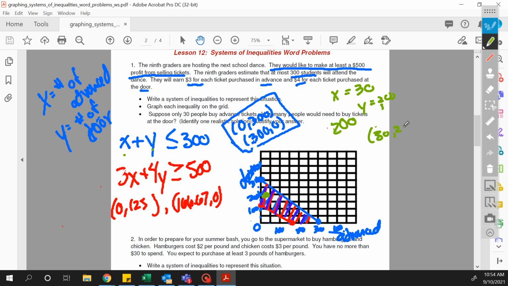And the ordered pair 30, 200 is right here. Okay, so it satisfies this because 200 plus 30 is less than 300, and it satisfies this because 200 times 4, because it's the y-coordinate, is already more than 500. Okay, so that would be a realistic solution.